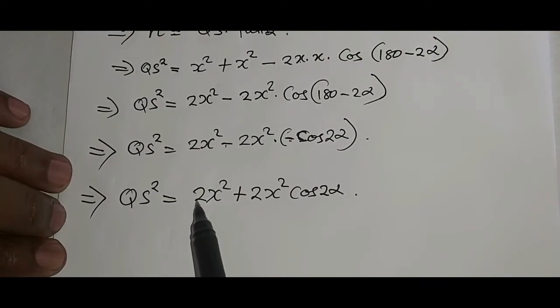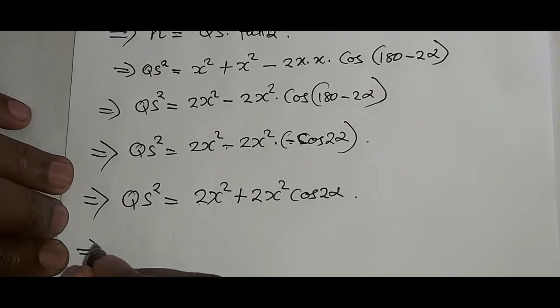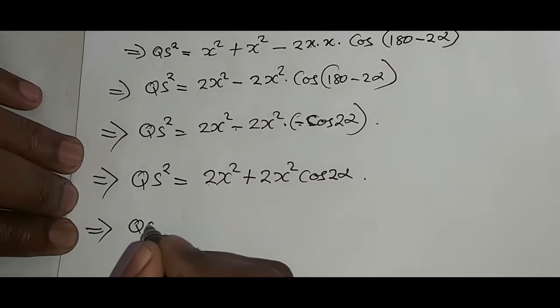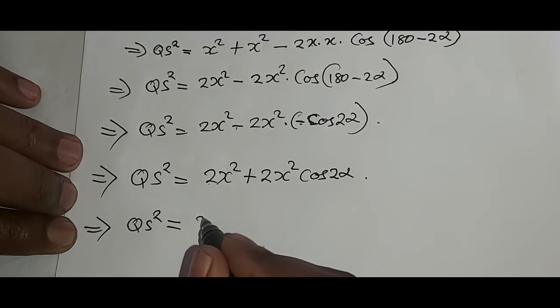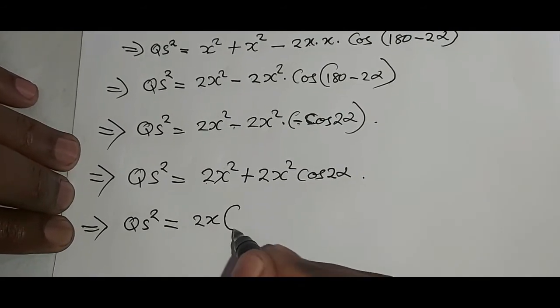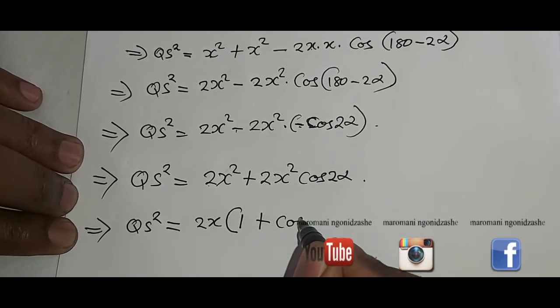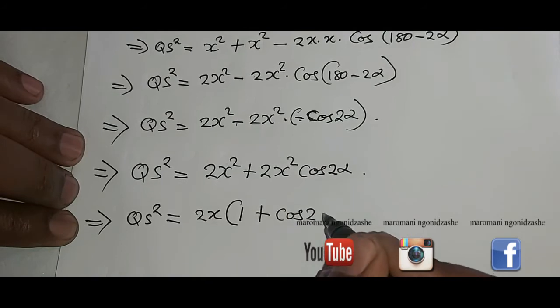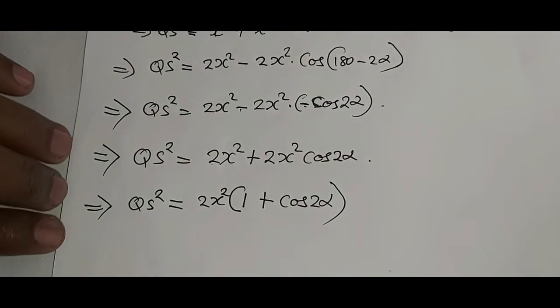From there, 2X squared becomes a common factor, which implies that QS squared is equal to 2X squared open bracket 1 plus cos 2 alpha.